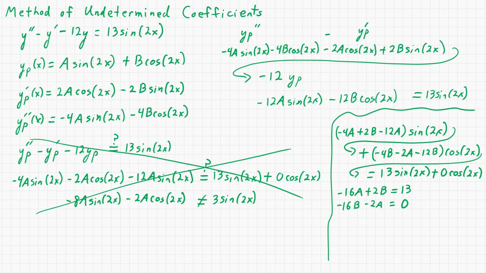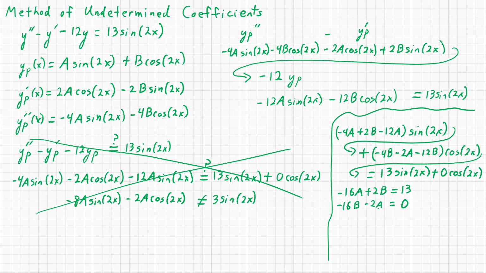Well, which is the easiest one here? If I take 8 times the first equation and add it to the second, that sounds hard. I don't want to multiply with 13.